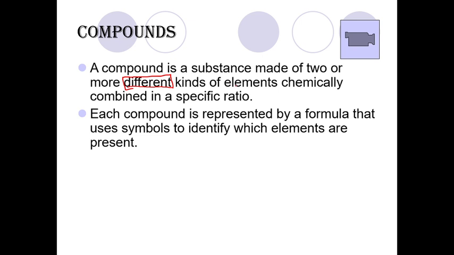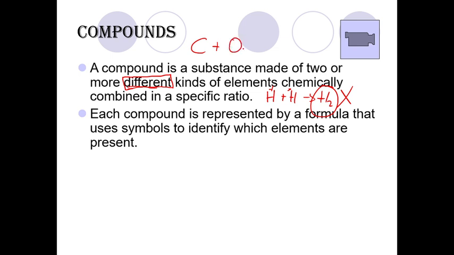Now, two elements bonded together. Let's say hydrogen plus hydrogen to give us hydrogen gas. This is not a compound. Why? It's made up of one type of atom, which is the hydrogen atom. So for it to qualify as a compound, it must be made of different atoms.